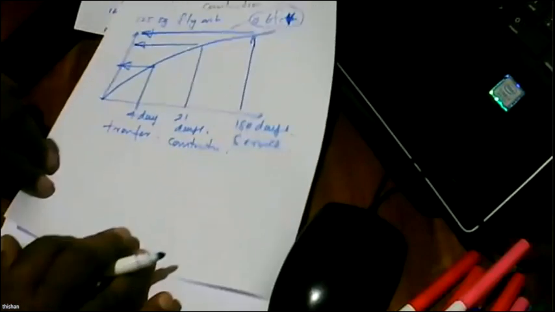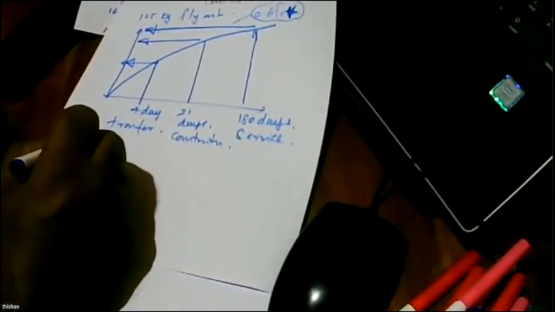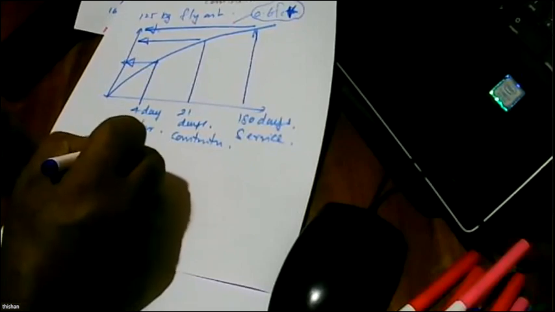Now, how do we achieve this condition? For this, we first design a mix and then cast about 30 cubes.